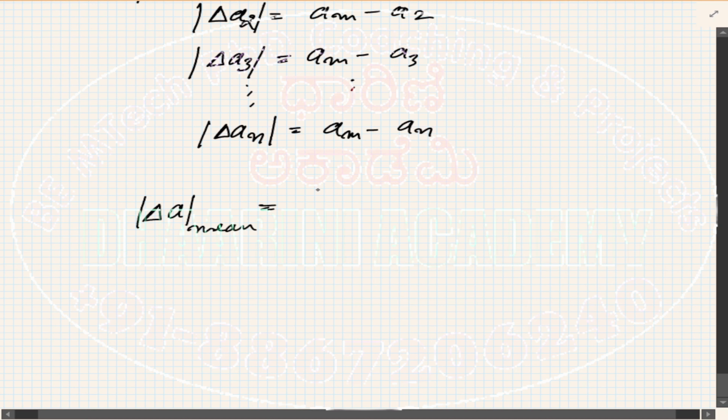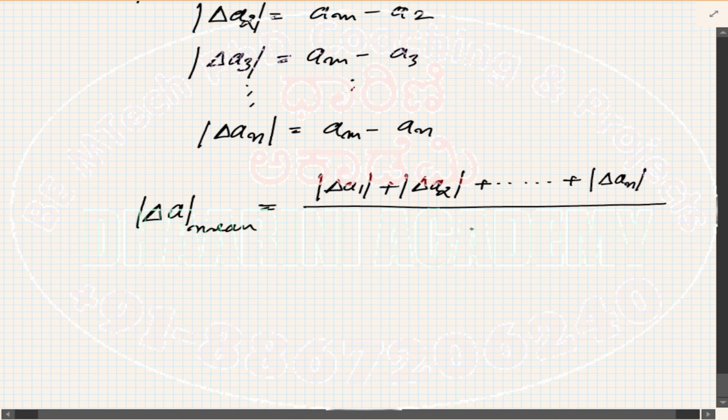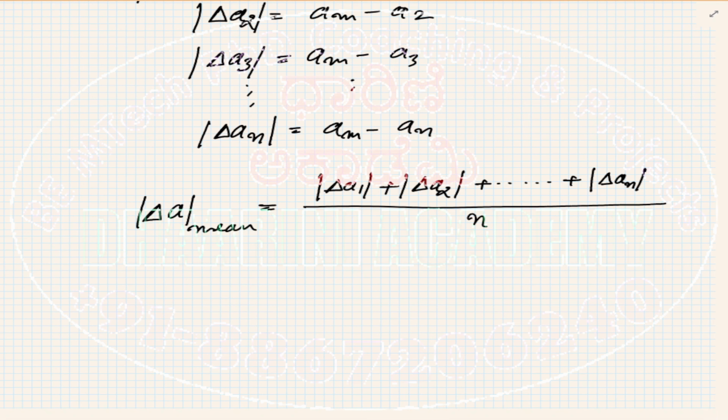Add all the errors, that is magnitude delta A1 plus magnitude delta A2 plus dot dot dot up to the last one, delta AN, whole divided by how many such errors we have. We have n such errors. So dividing by n gives the mean value of the error. This is called the mean absolute error.